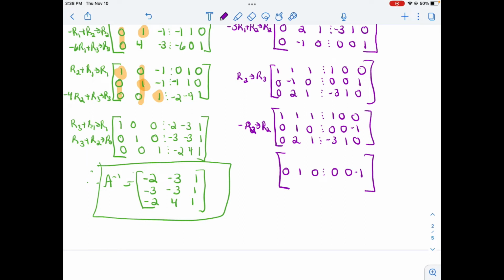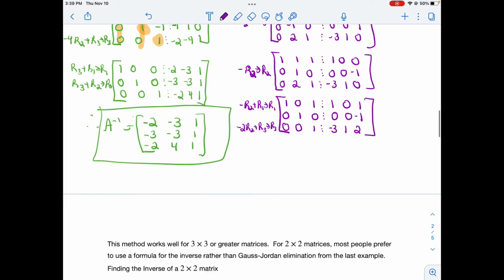I can do that by taking the opposite of row 2 and adding it to row 1 to get my new row 1. And then I can take -2 times row 2 and add that to row 3 to get my new row 3. I now have a leading one in my third row, third entry.